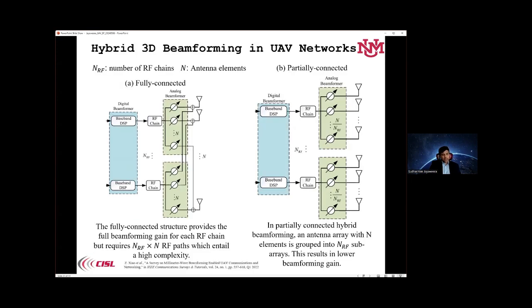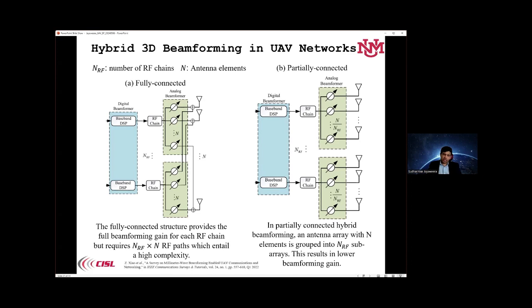So you can hit a compromise by again using hybrid 3D beamforming in UAV communications as well. In the hybrid, you can again have the fully connected or the partially connected case, or the full array or the sub array architectures. In the case of the full array, you're going to use digital beamforming, assuming that you have N RF antenna elements, but each N RF element is actually considered as the full array.